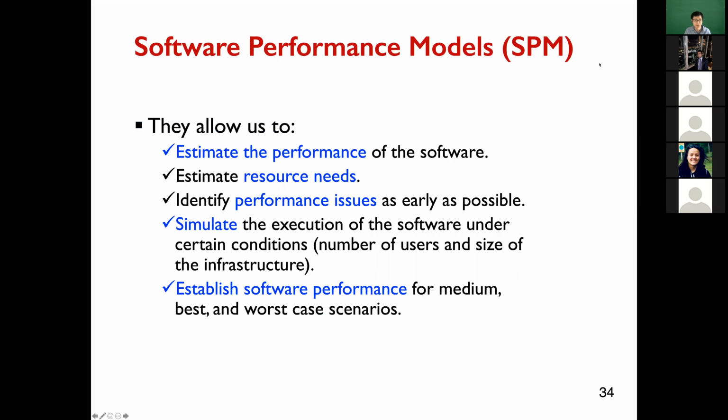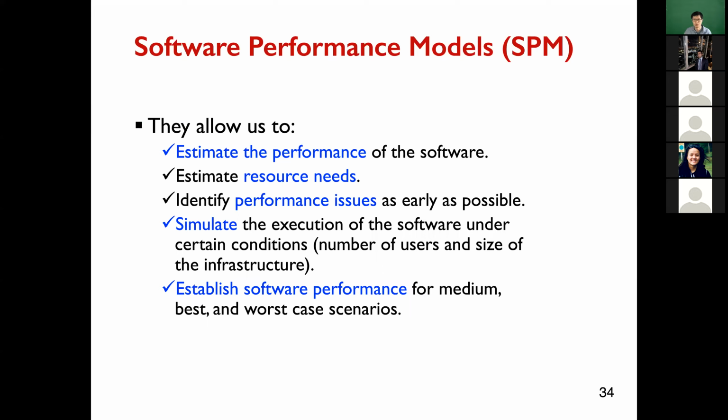The benefits of software performance models: they allow us to estimate the performance of software and estimate resource needs, identify performance issues as early as possible, and simulate the execution of software under certain conditions. For example, we have a certain number of users, a certain number of CPUs, and a certain configuration of memory. We want to simulate this scenario to get the CPU usage and the response time.